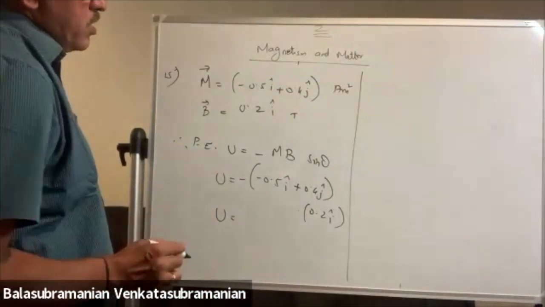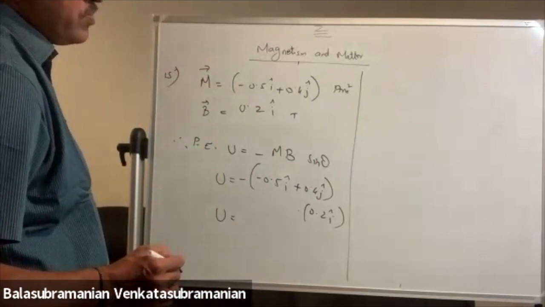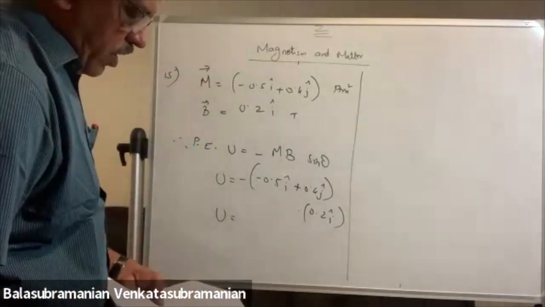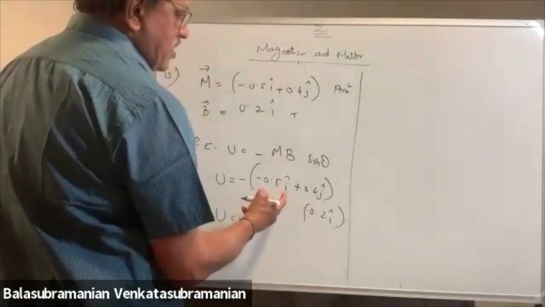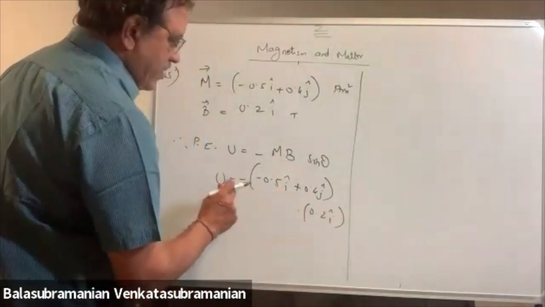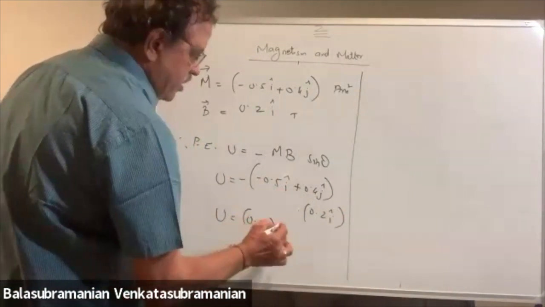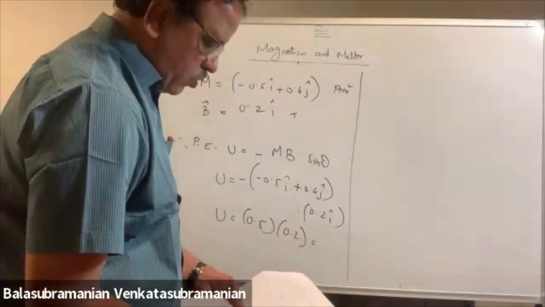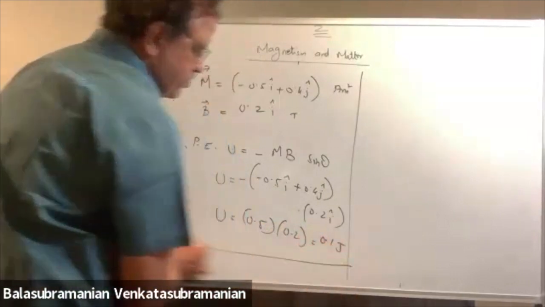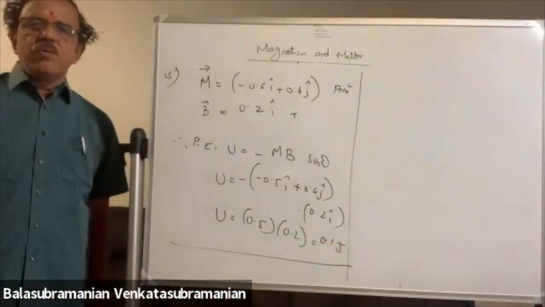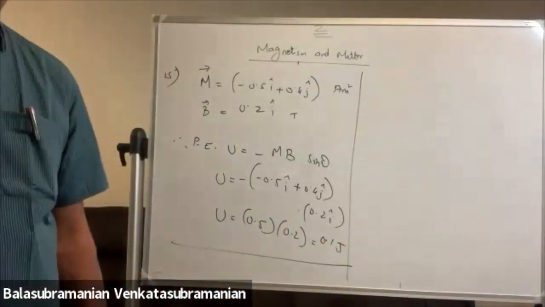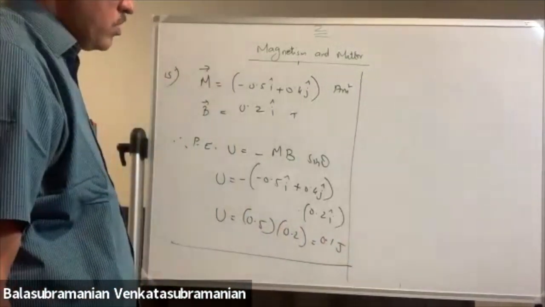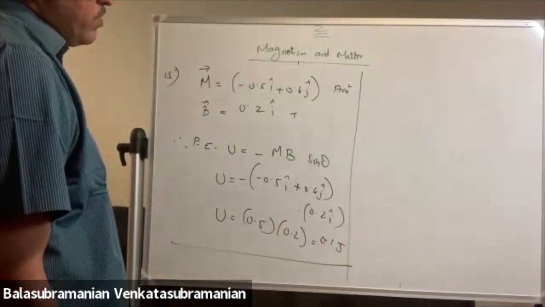Value: 0.5 into 0.2 because I dot I is 1, minus minus plus, that is 0.1 joule. 0.1 joule. Okay? Fine.